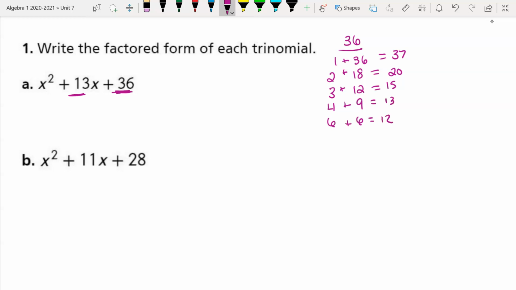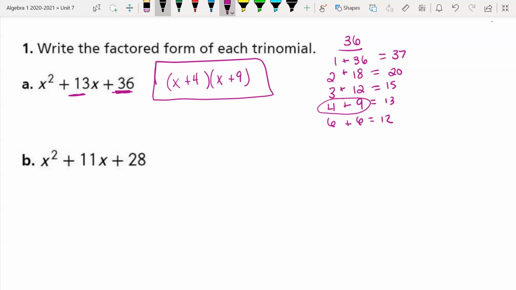I want to add to the middle number, so the pair I'm looking for is 4 and 9. When I factor it, remember, I have to put it into x and x, and I have to put plus 4 and plus 9, because I wanted to use a positive 4 and a positive 9. So that is you factoring. That is your answer.